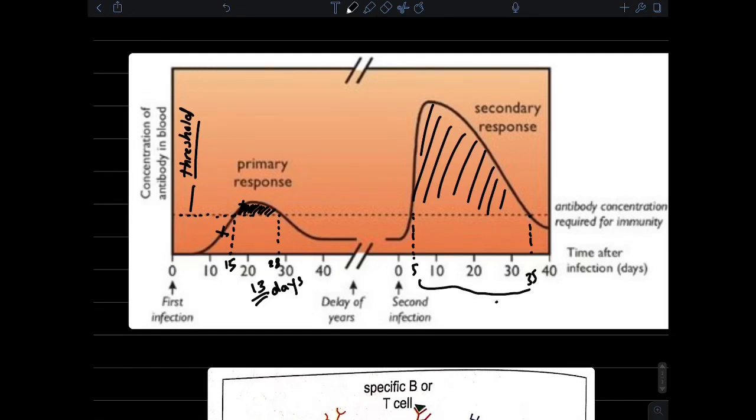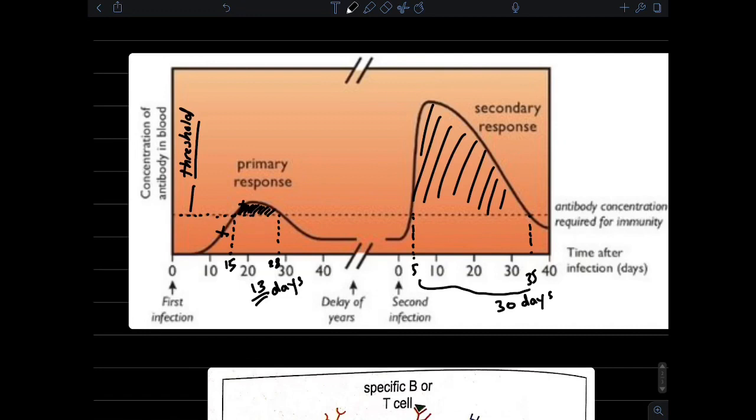So the antibodies remain 30 days protecting our body. For this reason the secondary immune response is more persistent or more durable, and it protects the body for more time since the amount of antibody is larger and needs more time in order to be degraded.